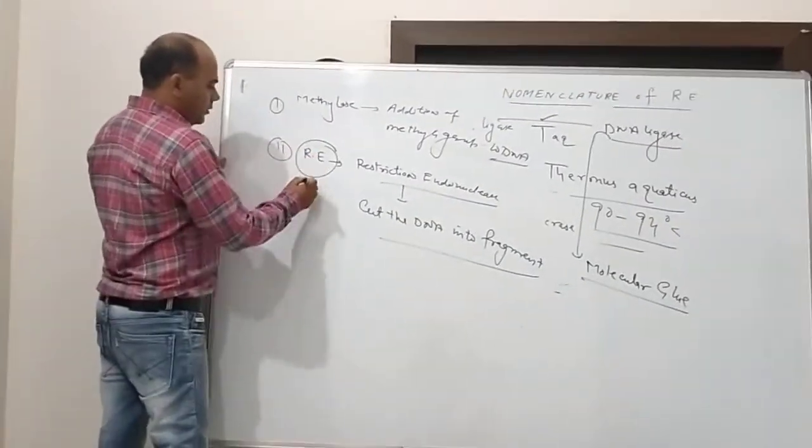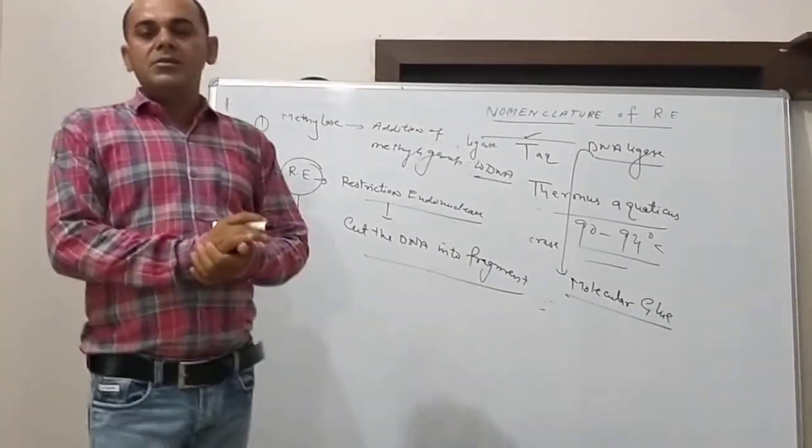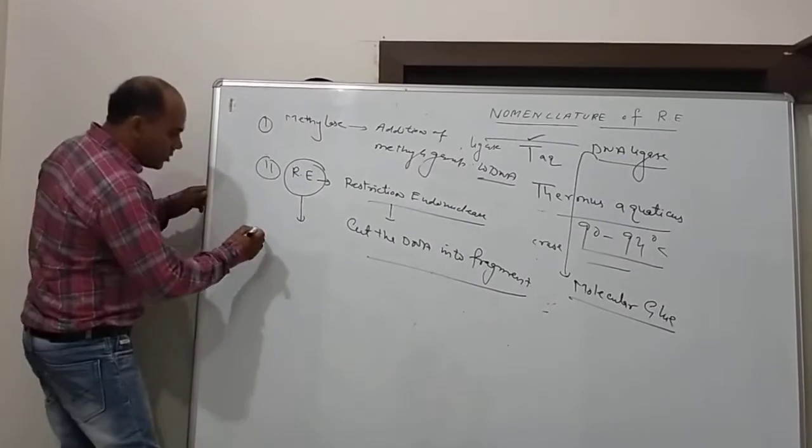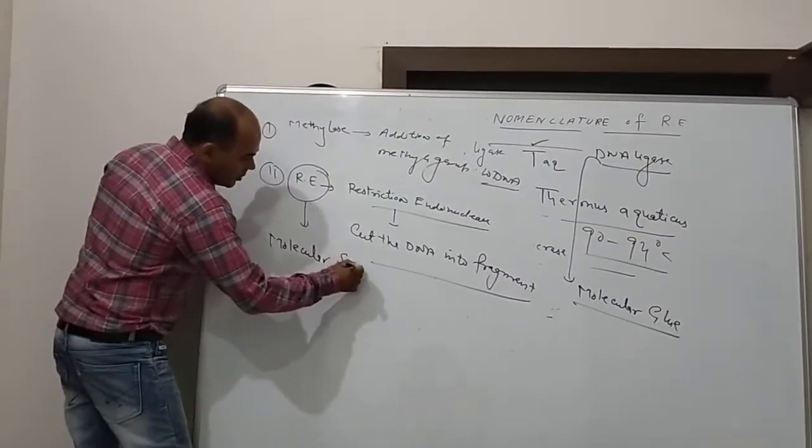In biotechnology, these are also known by a nickname. The nickname used for these enzymes is molecular scissors.